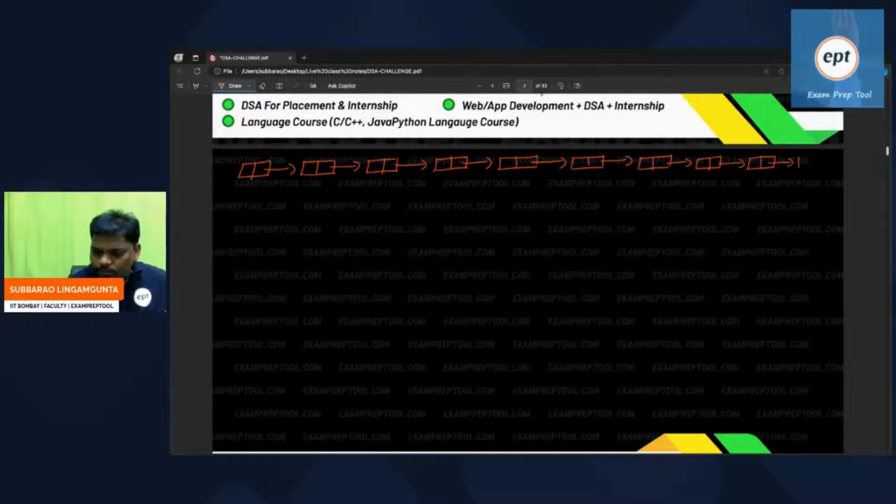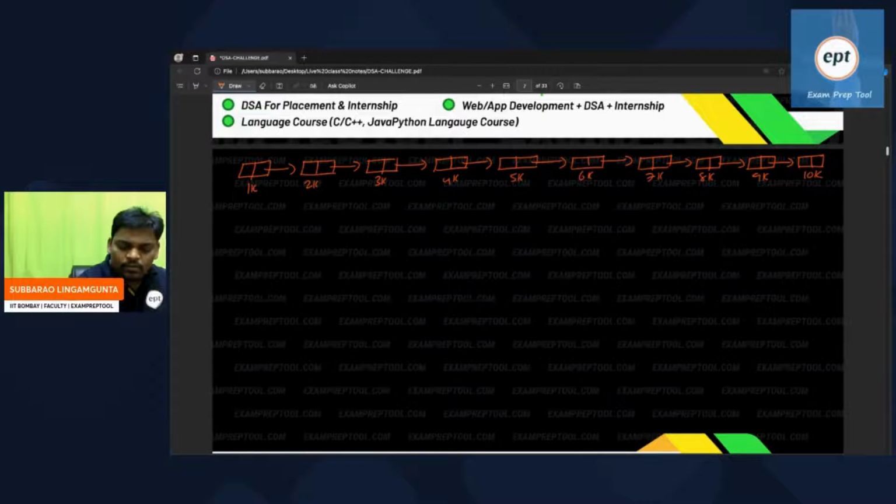Yeah. So these are the nodes. Let me write now 1k, 2k, 3k, 4k, 5k, 6k, 7k, 8k, 9k, so 10k.